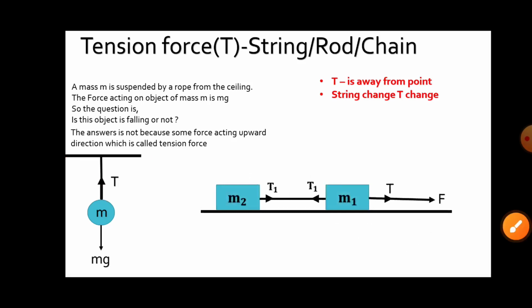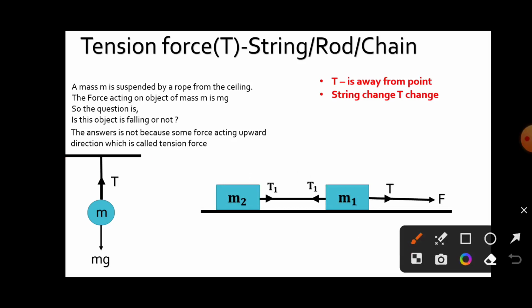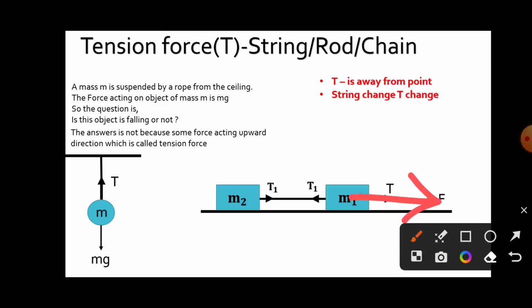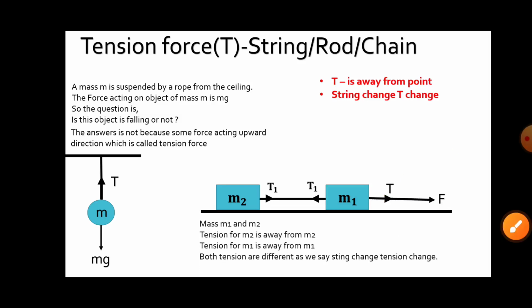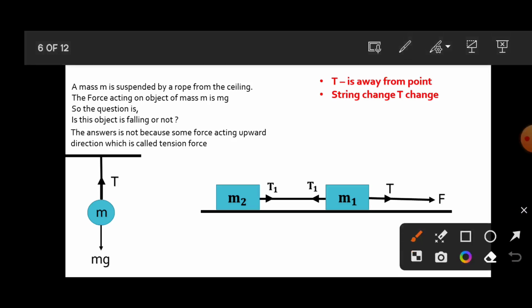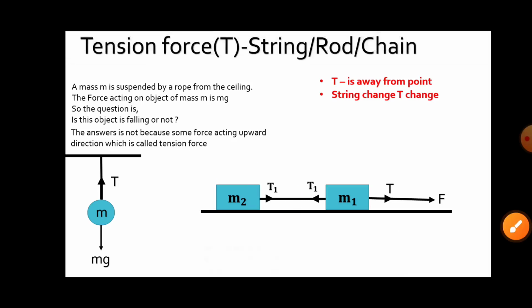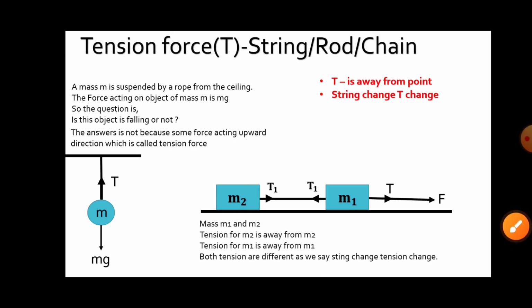Now let's take another example, masses m1 and m2. If we apply force F in this direction, then m1 and m2 have tension forces: for m2 the tension is away from m2, and for m1 the tension is away from m1.